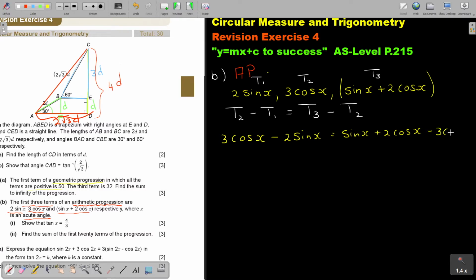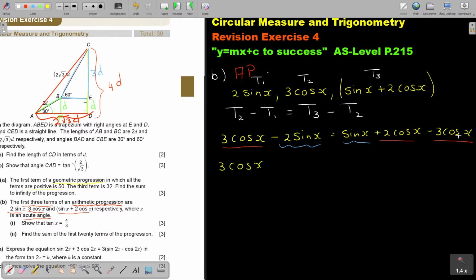Now, the best will be, because I see they want to go to tan, to get all the like terms on one side. I can already simplify that. So let's take the cos to this side, so let's make it 3 cos x. Now you can already simplify.